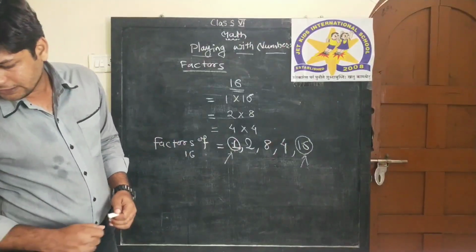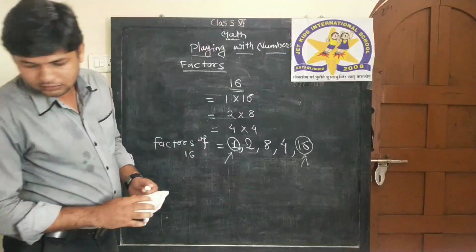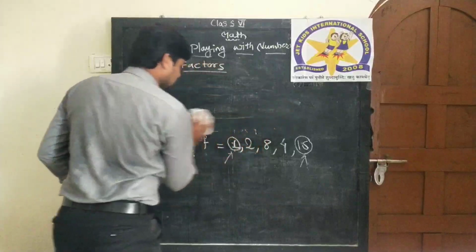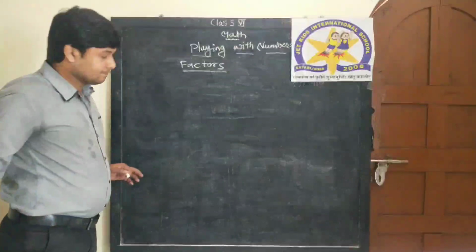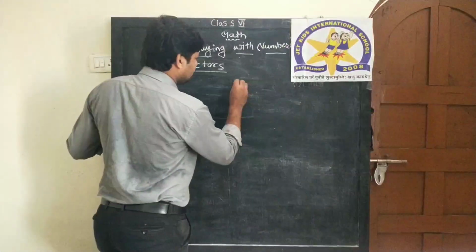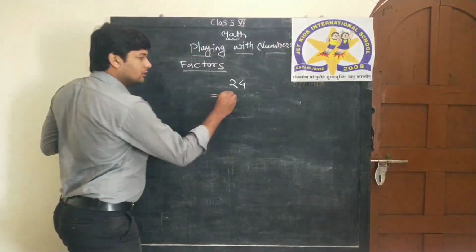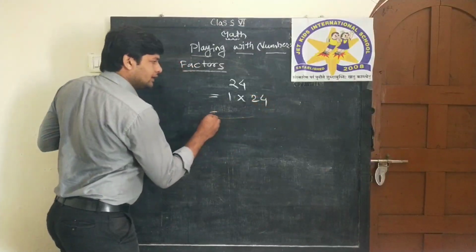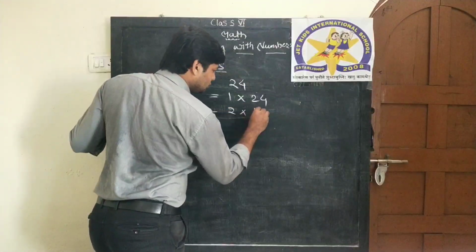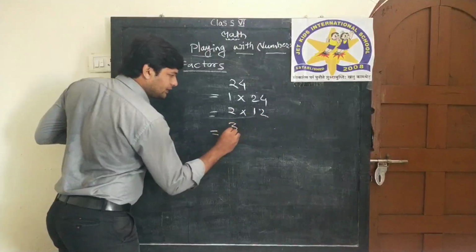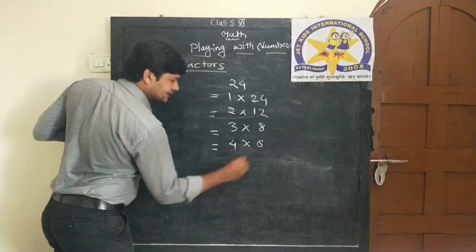Next, if you want to find factors of 24, the first one will be 1 multiplied by 24. Then it is divisible by 2, 2 multiplied by 12, then 3 multiplied by 8, 4 multiplied by 6.